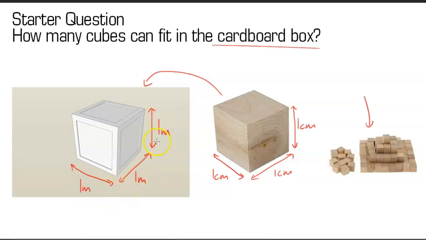So width 1 meter, length 1 meter, and the height is 1 meter. Now the question is, how many of these little cubes can fit into a box exactly 1 meter by 1 meter by 1 meter? Now, a little clue is that there are 100 centimeters in 1 meter.